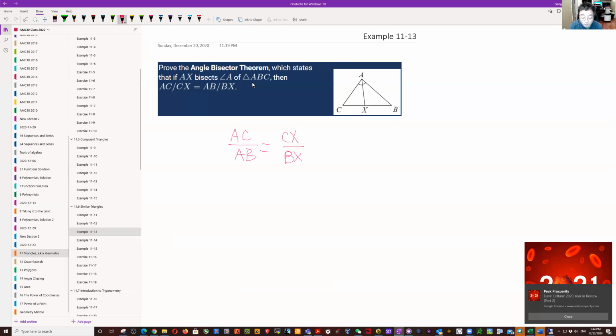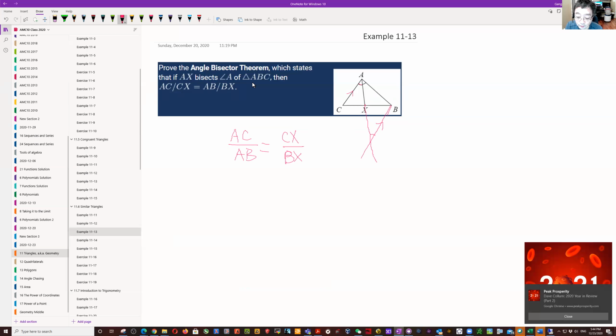So how does it work? Let me try to prove it. This is actually extremely easy to prove. All you need to do is extend this bisector and also draw a parallel line toward AC through B. Because it's a parallel line, this angle will be equal to this angle.